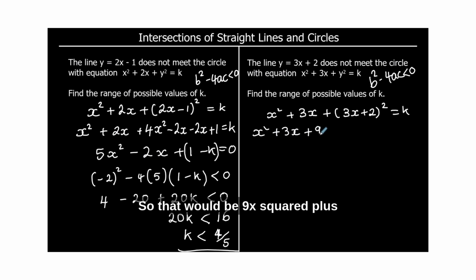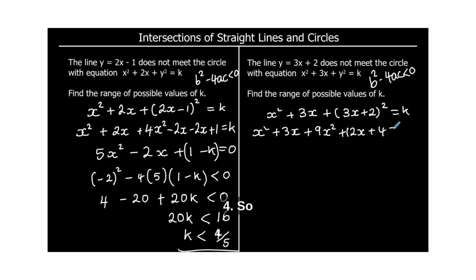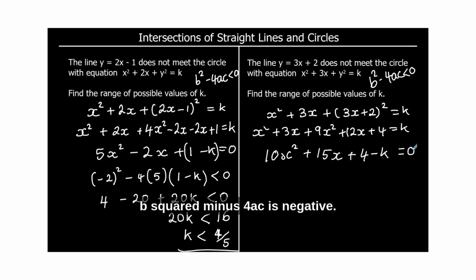So that would be 9x squared plus 6x plus 6x, so plus 12x plus 4. So we've got 10x squared plus 15x plus 4 minus k equals 0. B squared minus 4ac is negative.